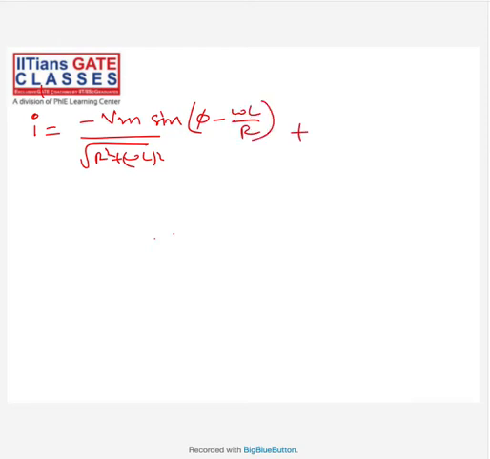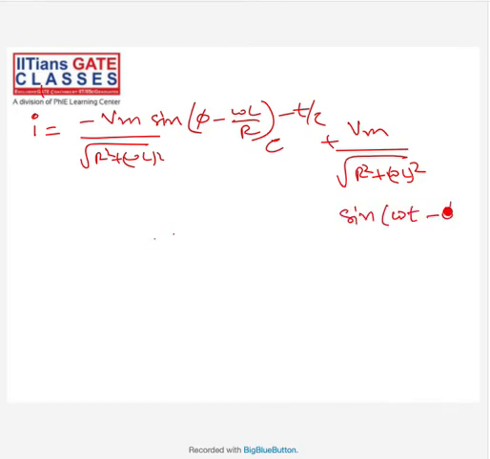Into e power minus t by tau, plus again Vm by root of R square plus omega L whole square into sine of omega t plus phi minus tan inverse omega L by R. Okay, this is what your current is.